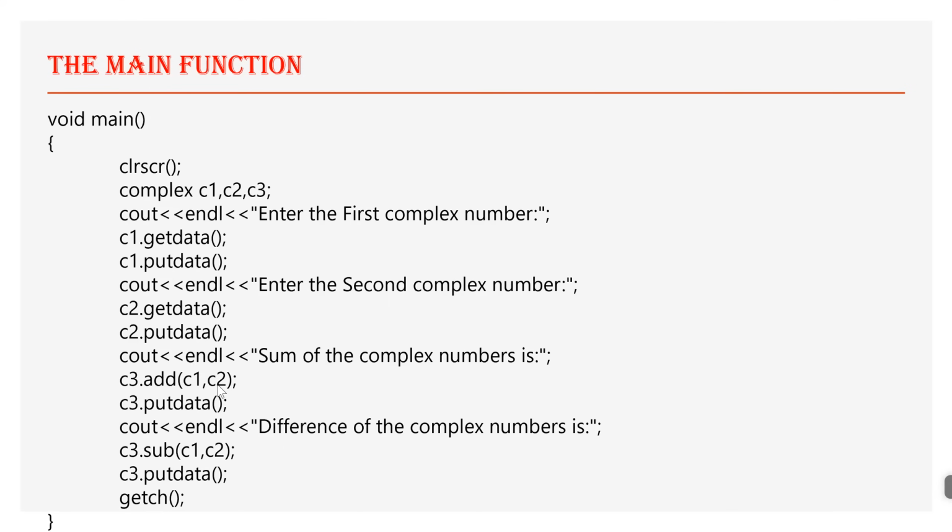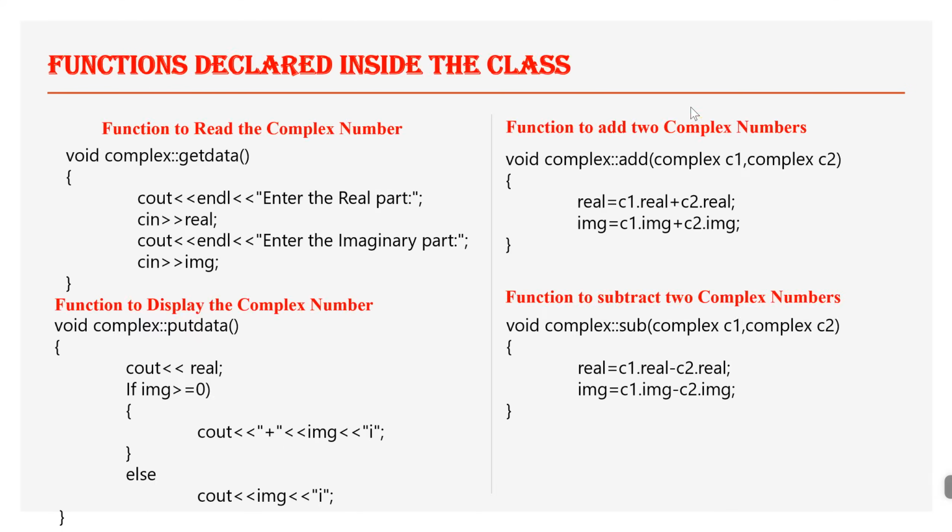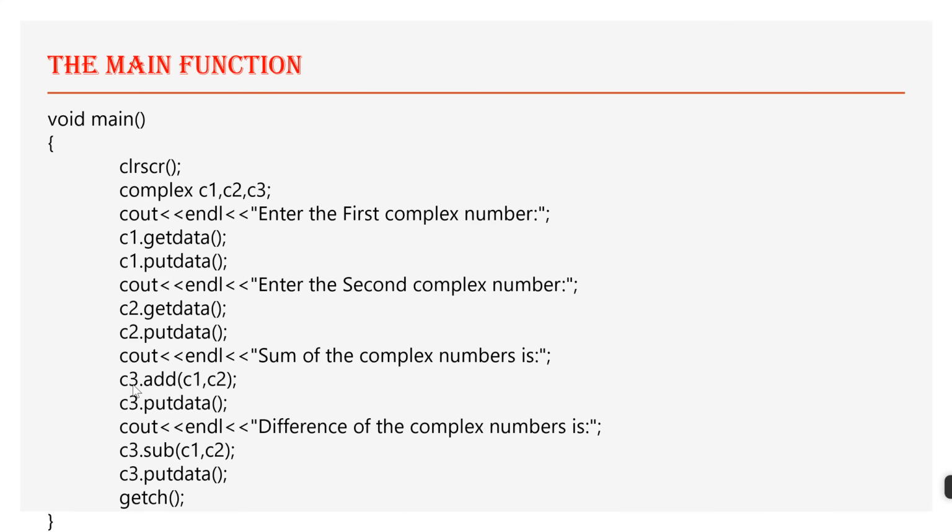C2 has 4 plus 2i as its value. So both of them will be added by executing this. 6 plus 4, the real part becomes 10. 4 plus 2, the imaginary part becomes 6. So C3 becomes 10 plus 6i as the resultant, and this 10 plus 6i will be displayed on the system.